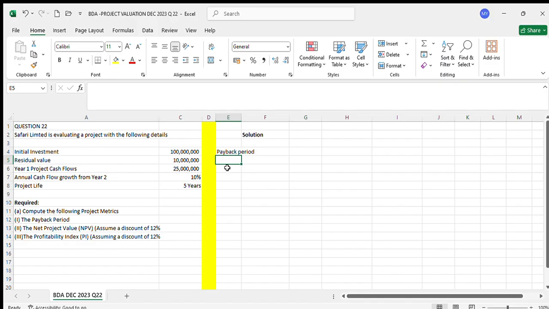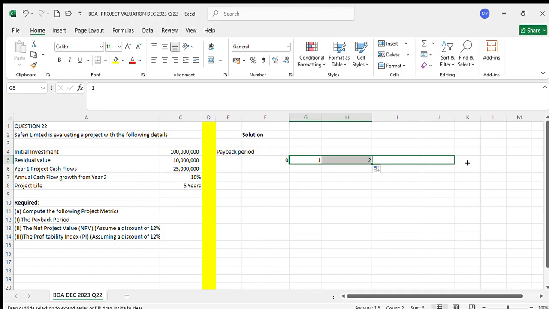Now we need to know first the cash flows for all the years. Now we start with year 0, year 1, yes, up to year 5.